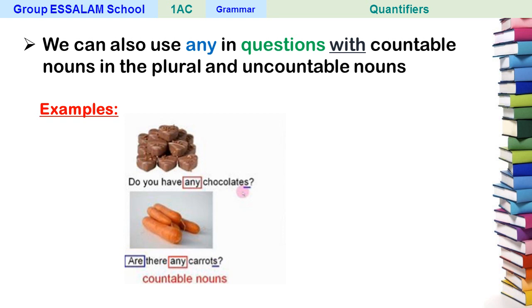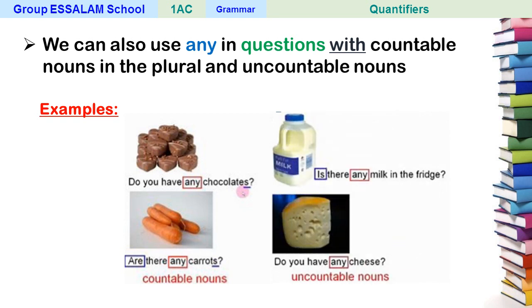Also, this is a question. Carrots is a countable noun. Alright, and we have already said that any we can use with countable nouns in the plural and in questions. Now let's see other examples.